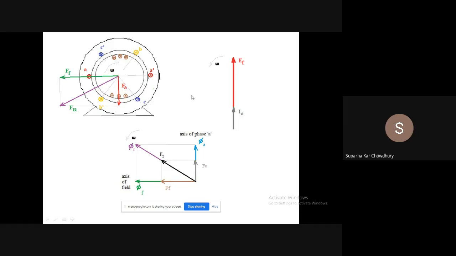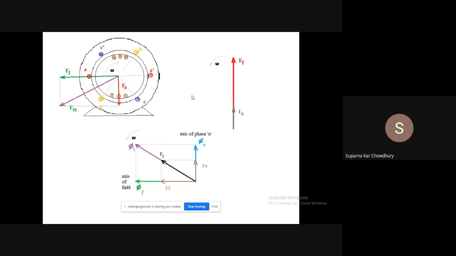Now try to understand one thing. This Ff position is physically changing, but the current will change with time. So the angle between Ef and Ia is what we define as a phase angle, that is relative to time.